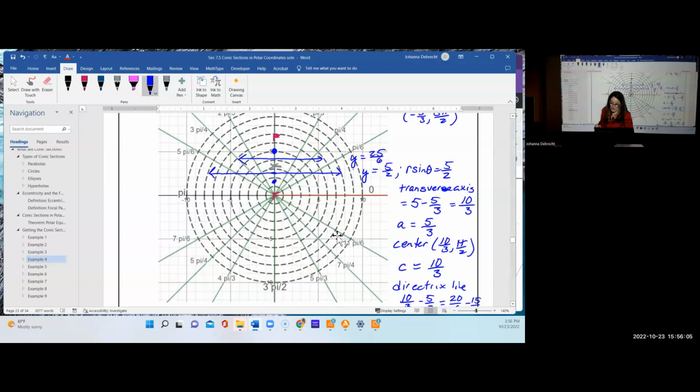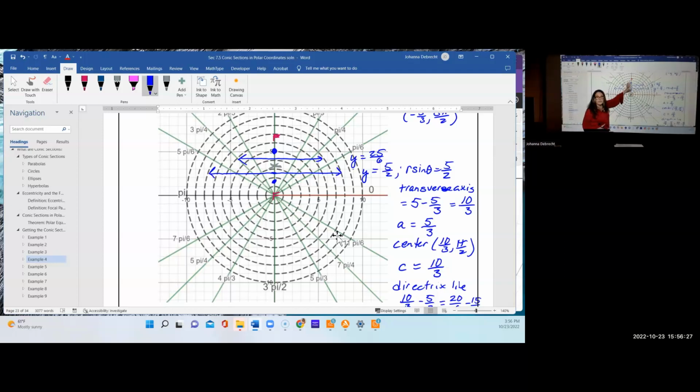Okay, all right, now we still don't have the graph drawn, right? What we have is the vertices and the other parts. We need to have the minor vertices so we can draw the rest of it. We need that box. So we're going to locate the minor vertices coming out from the center.